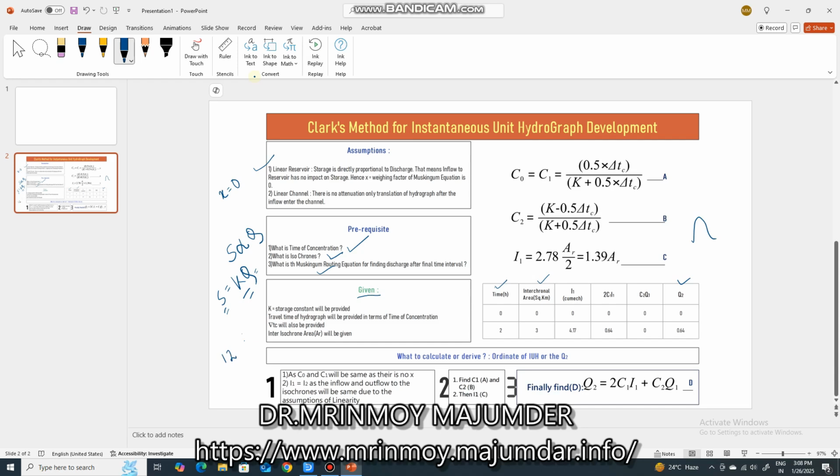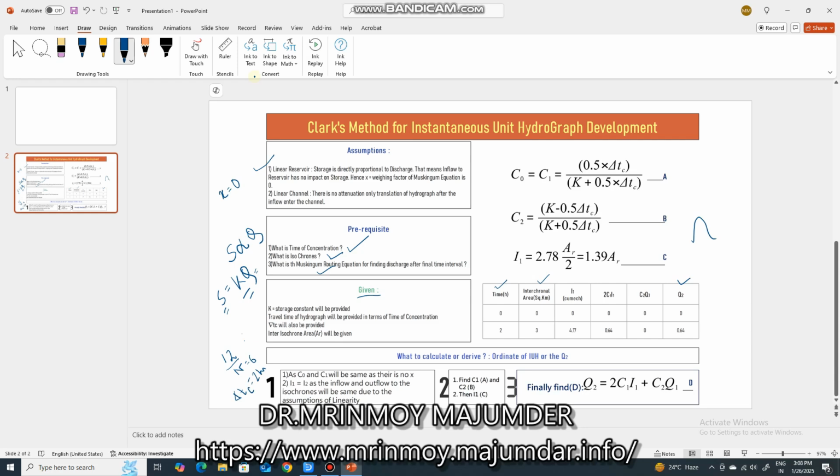Okay, now this 12 hours is equally divided into n parts. Suppose they are equally divided into 6 parts, right? So if n is equal to 6, then del time of concentration will be 2 hours.